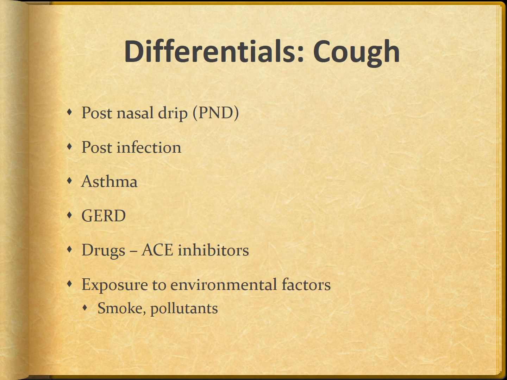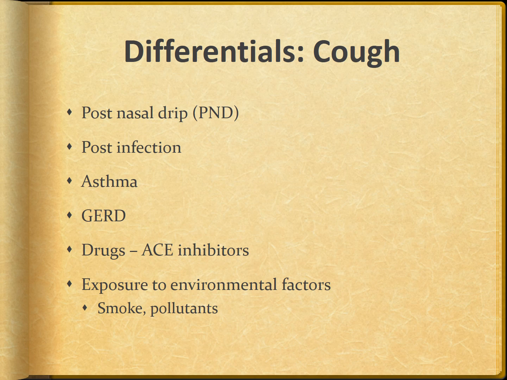Some more differentials for a cough. Postnasal drip, we talked about that. A patient that maybe has had some bronchitis and post-infection, always remember to tell your patients that the cough is the last thing to go with bronchitis. Remember your asthma patients, GERD, ACE inhibitors.